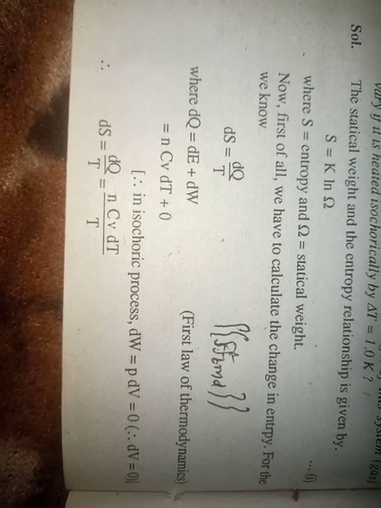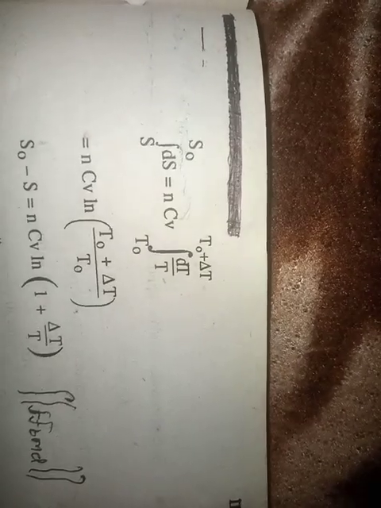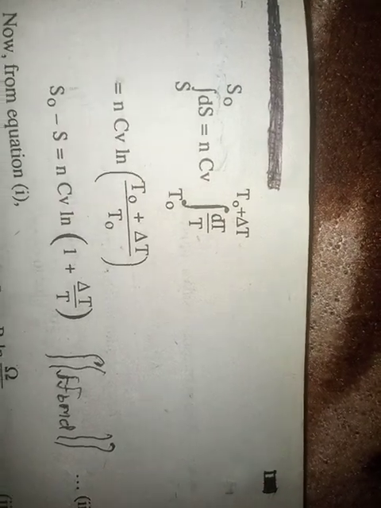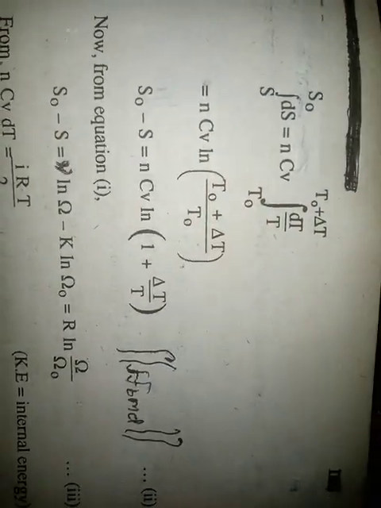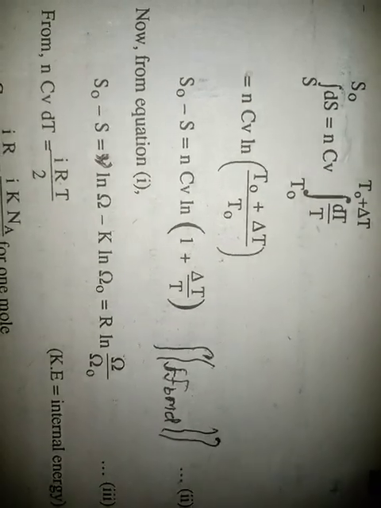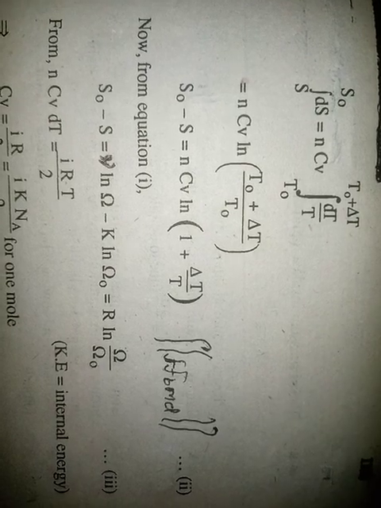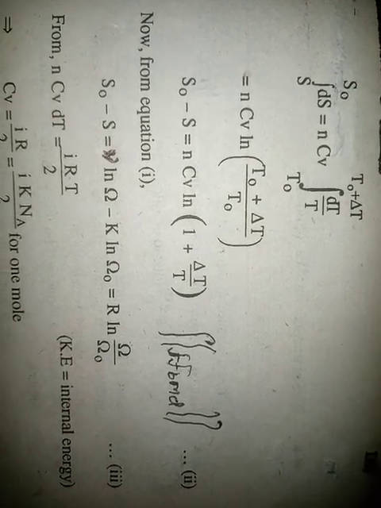Hence dS equals dQ by T equals N C_V dT by T. Integrating from S0 to S, dS equals N C_V integral from T0 to T0 plus delta T of dT by T equals N C_V log (T0 plus delta T) by T0. This implies S minus S0 equals N C_V log (1 plus delta T by T0). Equation 2.